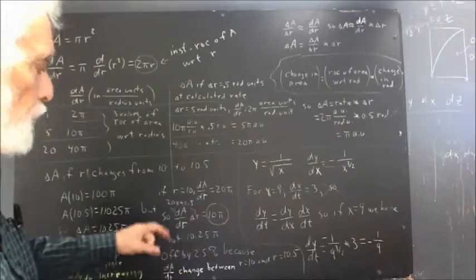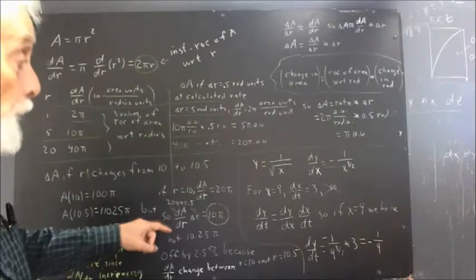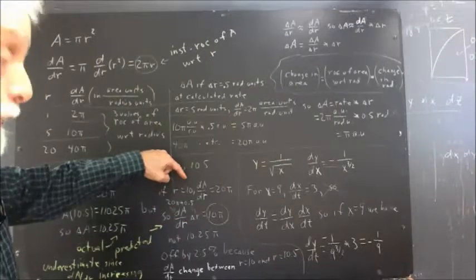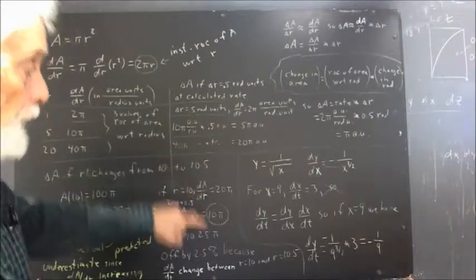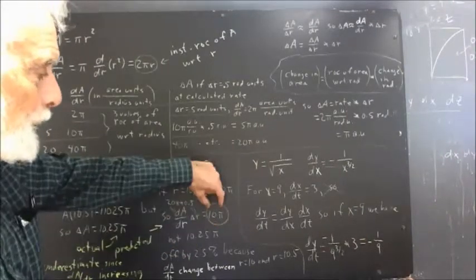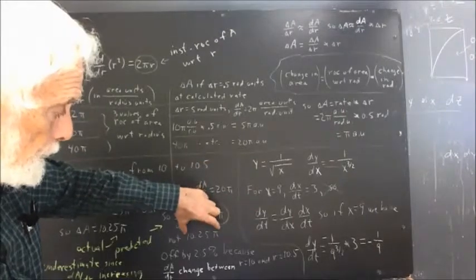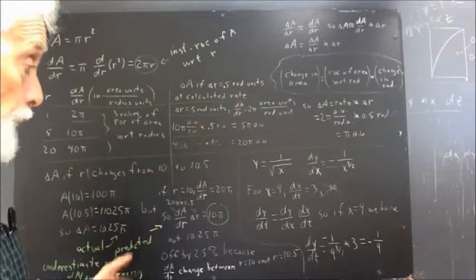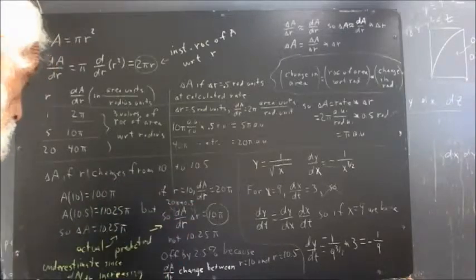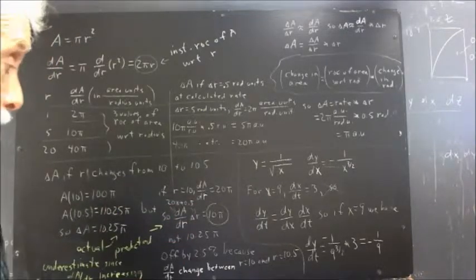So what we did when we multiplied this one rate of change that applies only when R equals 10 by the change in R, which is a small change, we got something close to the actual change, but we did not get exactly the actual change. We underestimated it by 2.5%.